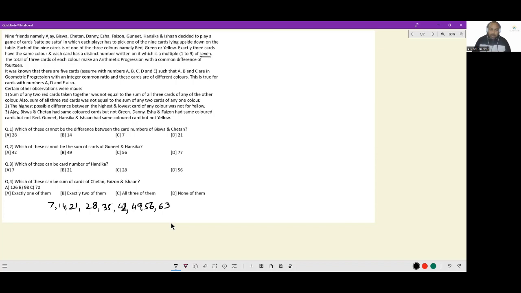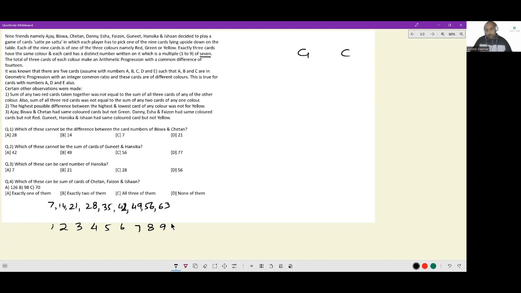Now see, given that these are multiples of 7, these multiples of 7 don't really make any huge difference for us. These 7s are of no utility to us. We can actually write it down as 1, 2, 3, 4, 5, 6, 7, 8, and 9. Now we are told that the total of 3 cards of each color make an arithmetic progression with a common difference of 14.